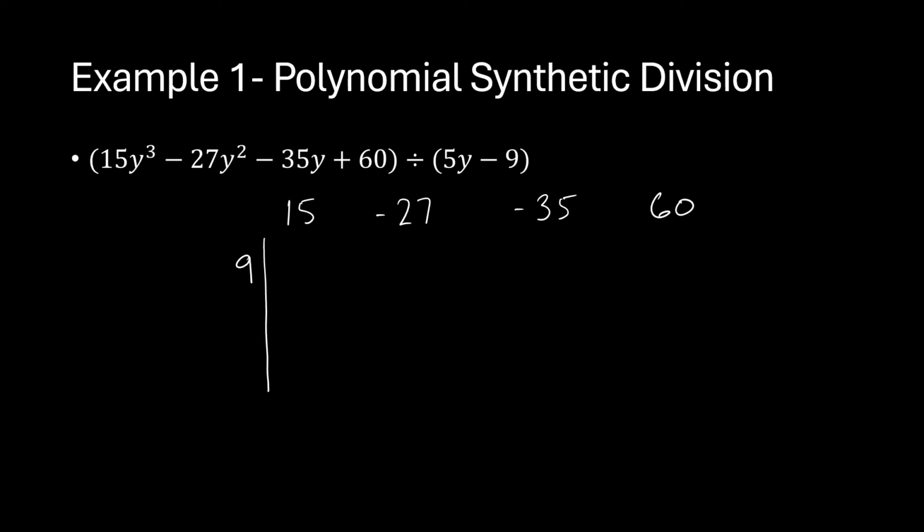With the leading coefficient of the divisor, which is 5, we're going to write it as a reciprocal, 1/5. You could put divided by 5, but for consistency, I just make it multiplication. So that's 9 I'm going to be multiplying, and then this is the reciprocal. Multiplying by the reciprocal is the same as dividing.